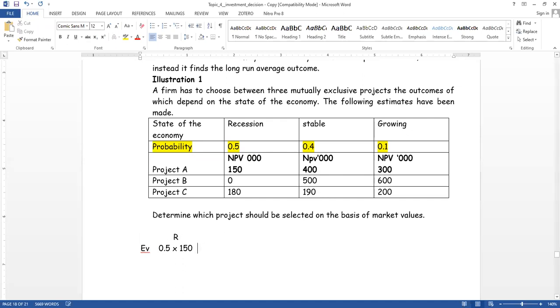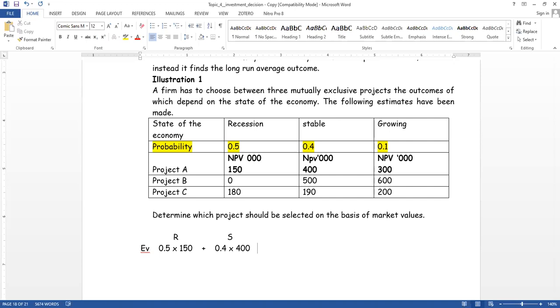Then I will add for stable, it is 0.4 times 400. This is stable.